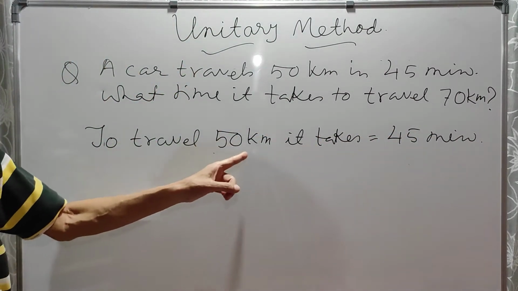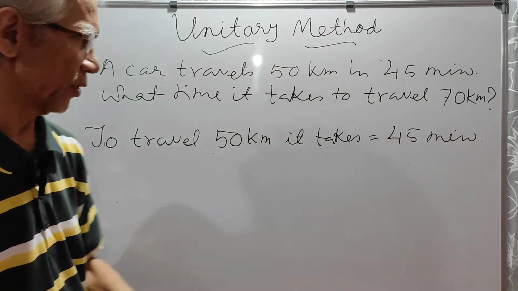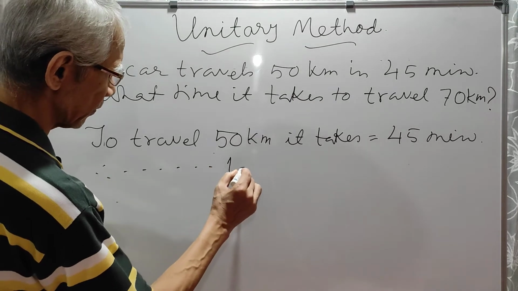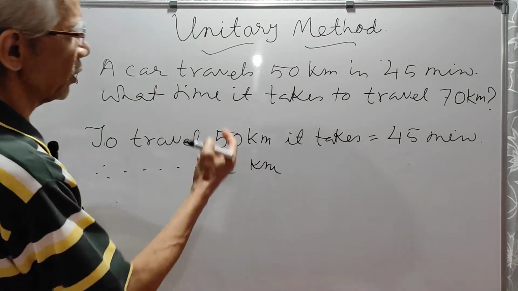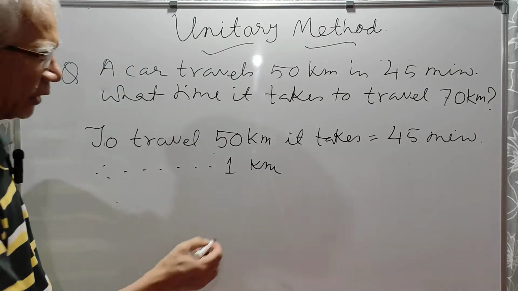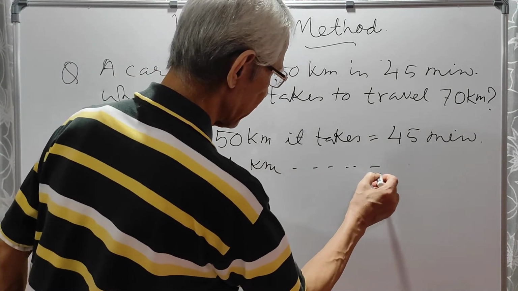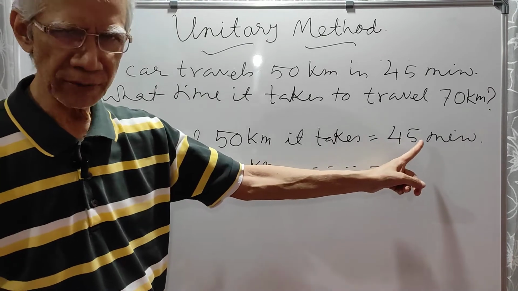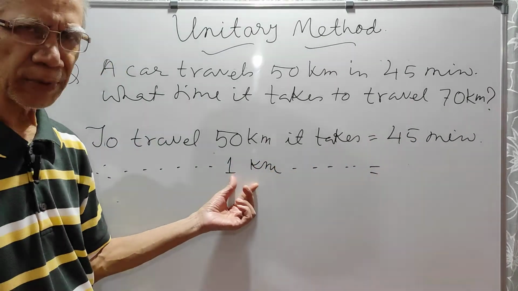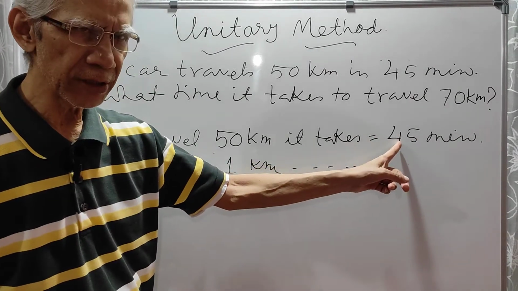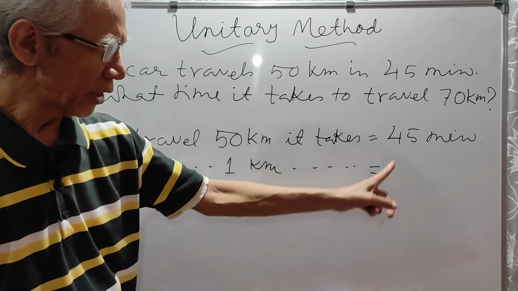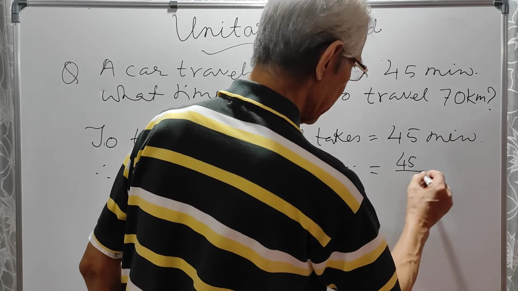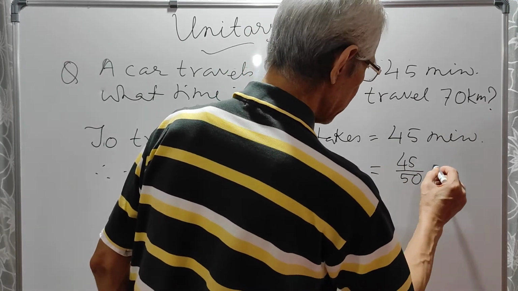So to travel 50 kilometer, the car takes 45 minutes. Therefore, to travel 1 kilometer, again you see unitary 1, it takes what time? For 50 kilometer it takes 45 minutes. Therefore to travel 1 kilometer definitely it will take less than 45 minutes. Therefore you have to divide. Divide right number by left number. That means 45 divided by 50, so many minutes.